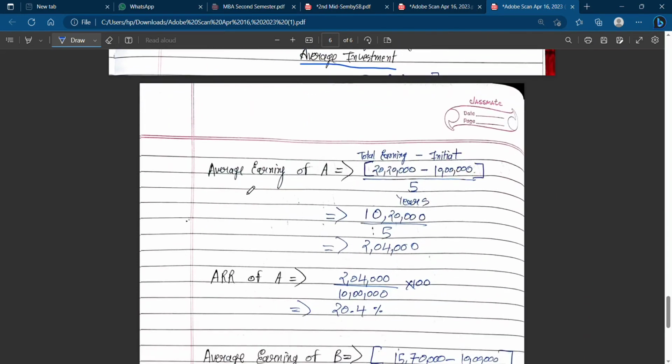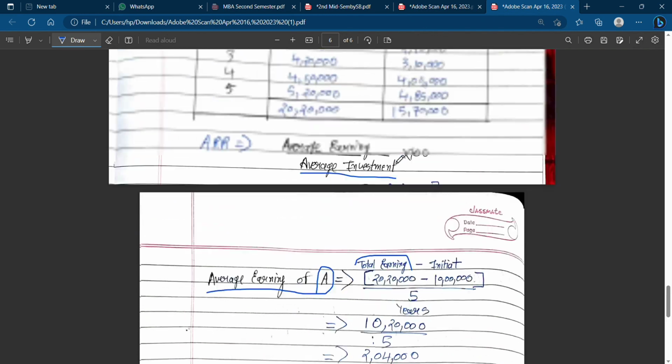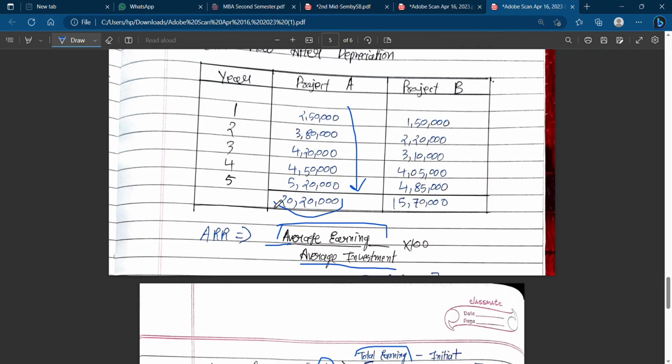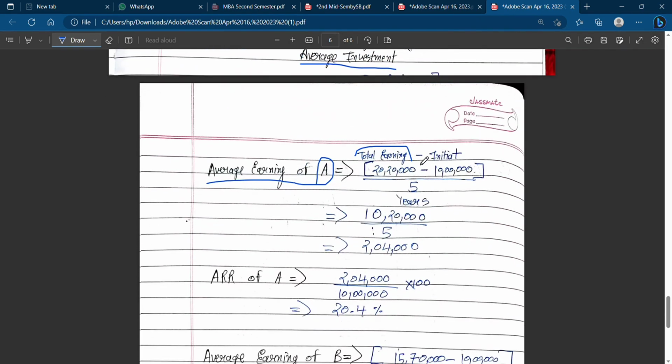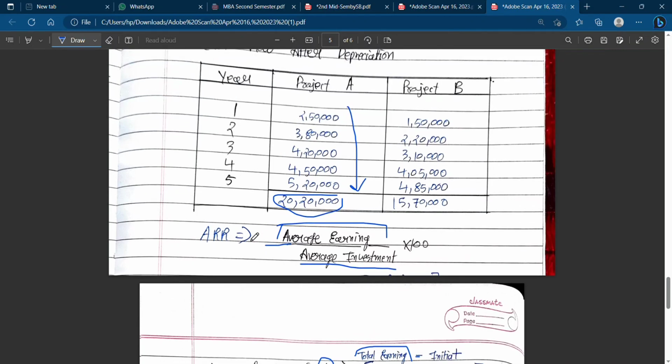For the average earning of A, take our total earning of 20 lakh 20,000, minus the initial investment of 10 lakh, divided by the period over which this amount was earned, 5 years. This is our average earning for project A. The formula for ARR is average earning divided by average investment.